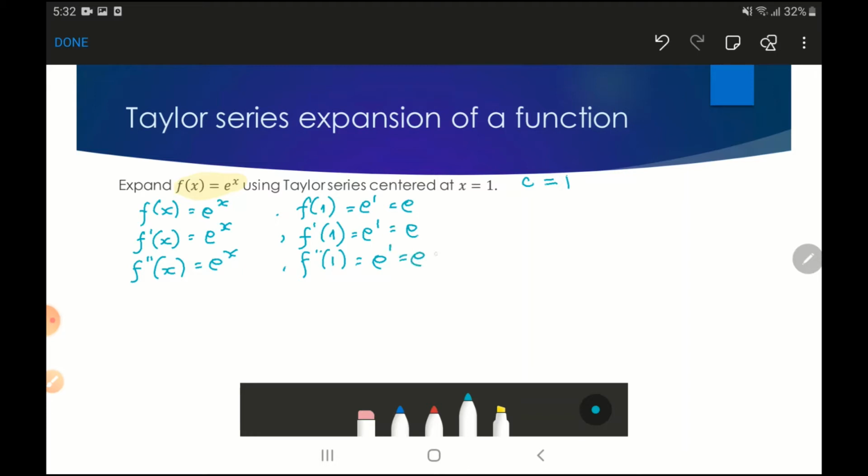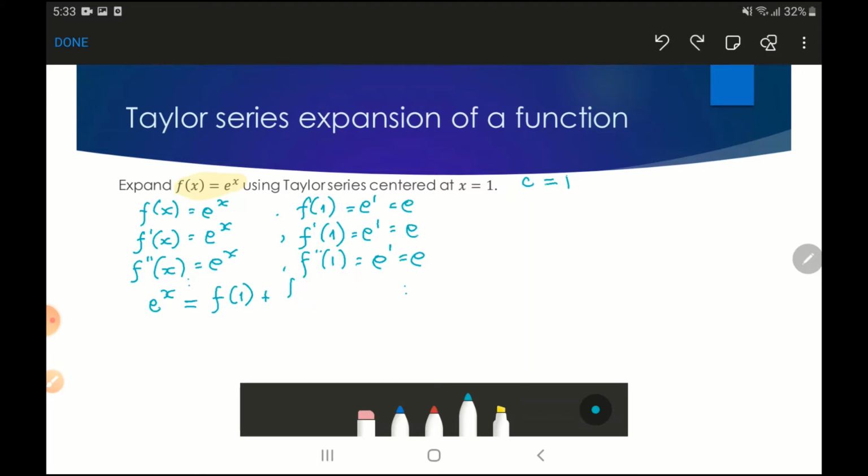Same function again. So actually the expansion, our e to the x, is f(1) plus f'(1) over 1 factorial, which is actually just f'(1).